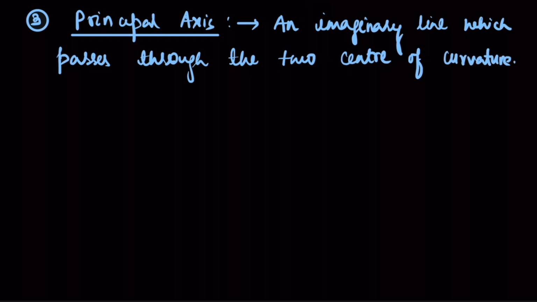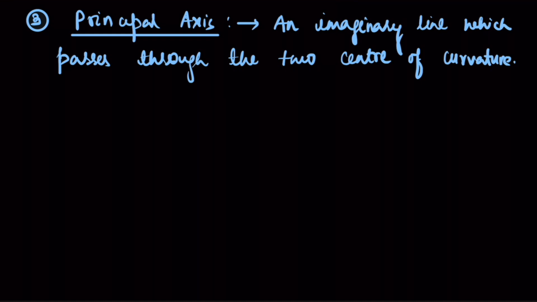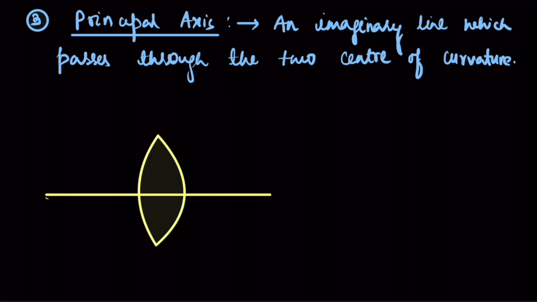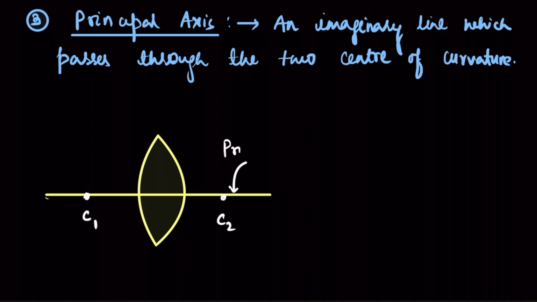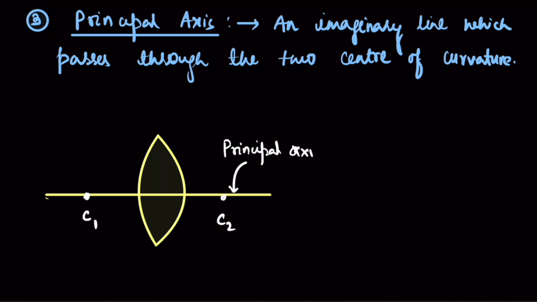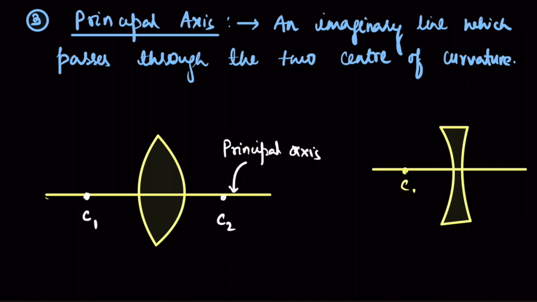Means an imaginary line which passes through C1 and C2. If we make one point C1, another point C2, the line passing through C1 and C2 is our principal axis. Same way for the concave lens, if this is C1 and this is C2, here is our principal axis.